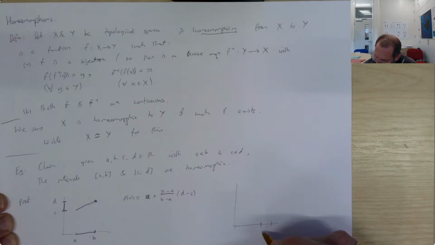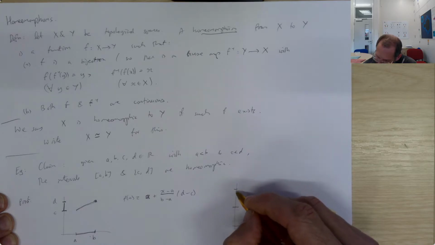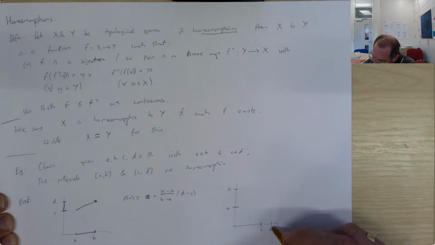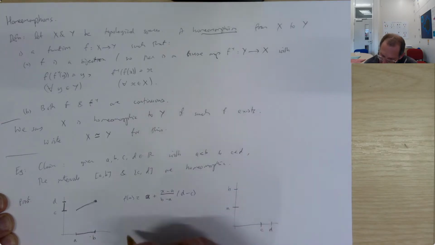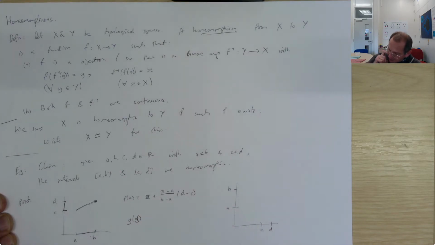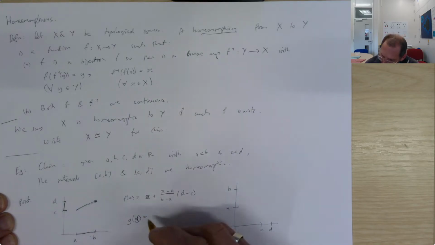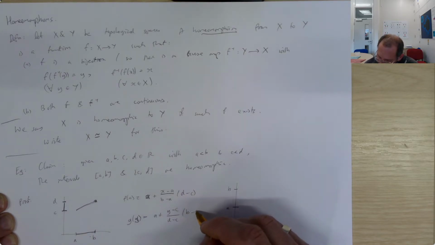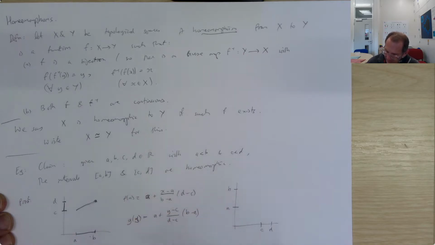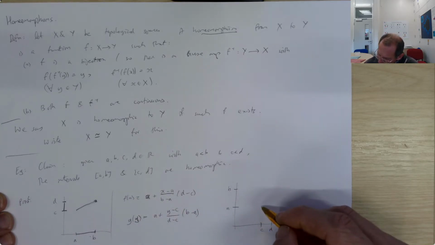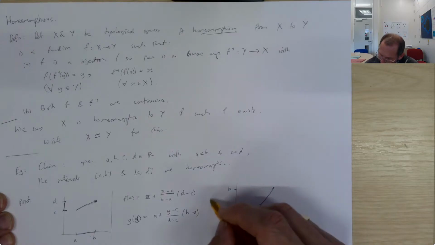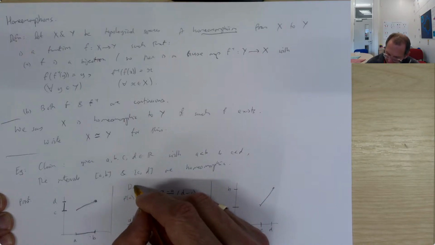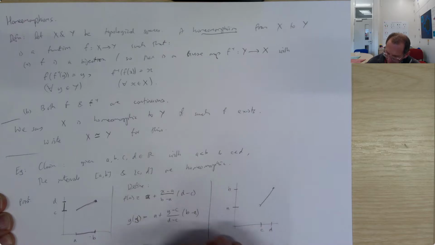You've got your [c,d] here, [a,b] here, and we define g of x, or let's call it y. So g of y is going to be a plus (y minus c) over (d minus c) times (b minus a). We should take these pictures as just being illustrative. This is our actual definition.